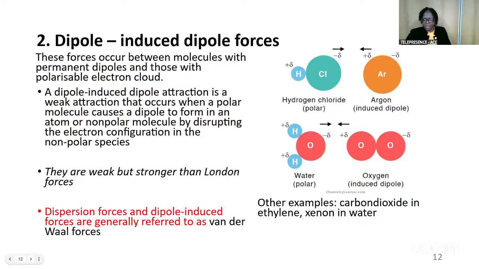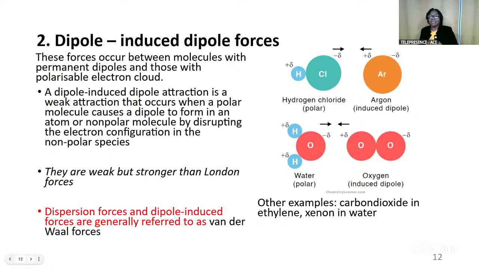And I've put an example here. If you look at hydrogen chloride, it is polar. I explained that earlier. But argon, you know it as an inert gas. So argon does not have any permanent dipole. But in the presence of HCl, the electrons in argon can be polarized to carry partial charges, which are temporary dipoles.